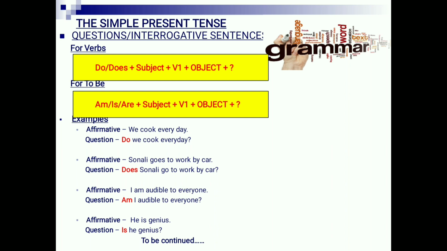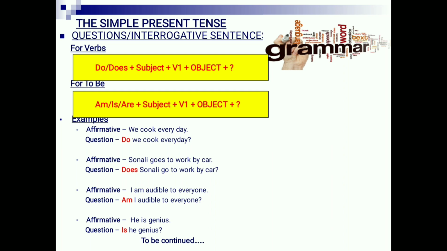Now again, don't write s or es to the main verb. Getting? Does Sonali go to work by car? Is it clear, students? Please don't repeat s or es on the main verb as you used it before in does. So, does Sonali go to work by car? This is the correct sentence.